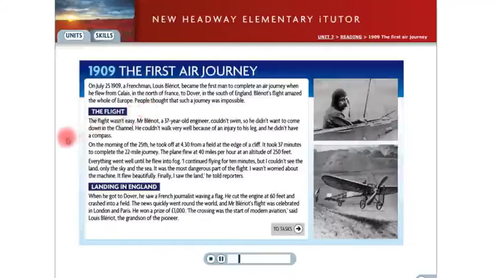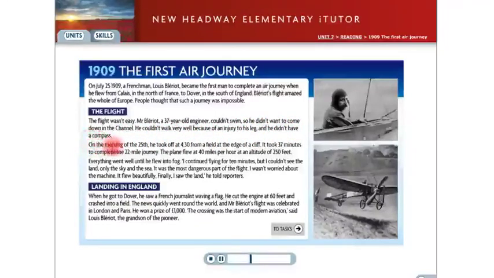People thought that such a journey was impossible. The flight wasn't easy. Mr. Blériot, a 37-year-old engineer, couldn't swim, so he didn't want to come down in the channel. He couldn't walk very well because of an injury to his leg, and he didn't have a compass.